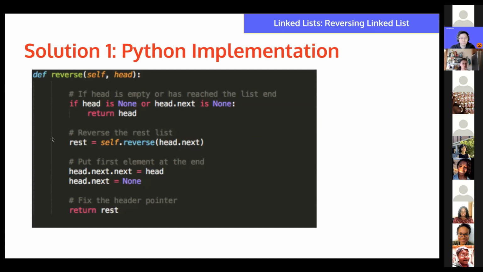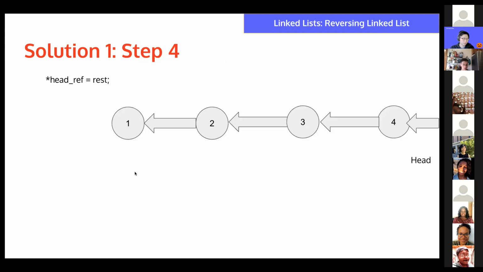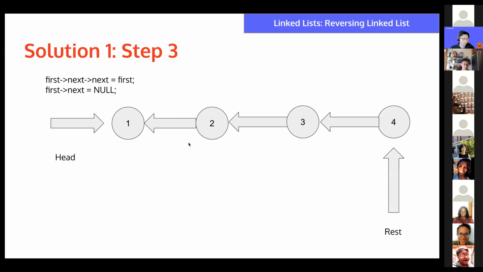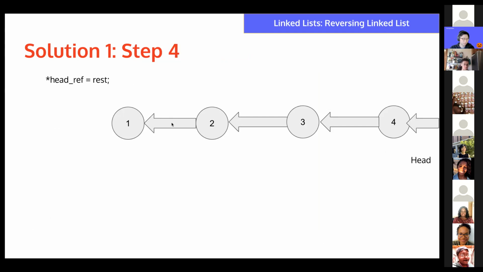We're going to reverse the rest of the list, which is where the magic happens. We're calling ourselves. So the rest of the list is just head.next. And then we're going to do that step where we point the end of rest to the old head. And so head.next.next, we're doing this step right here where we reverse this arrow.